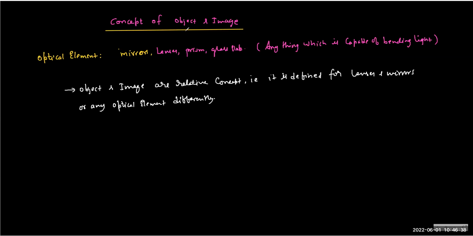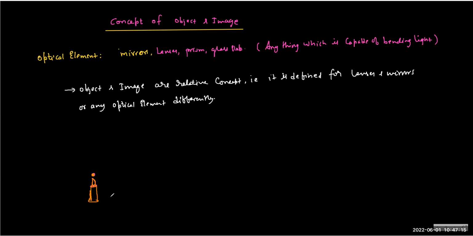First I'll give you the example and then later on I will try to explain what exactly happens. So let's say we start with something, maybe a flame of a candle. So imagine the dot above the flame as the object.